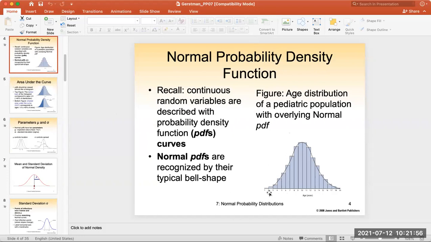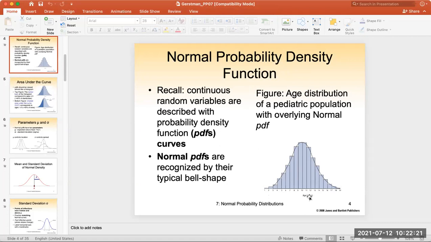Here you can see that there are two axes in this distribution. On one axis, one parameter is plotted. Let's say this is the x-axis and here is the y-axis.